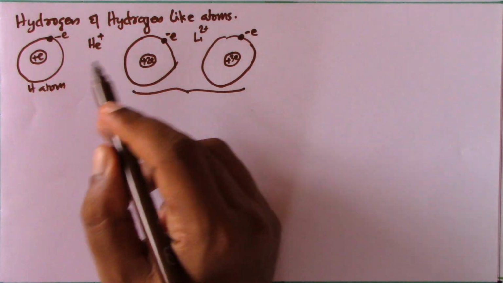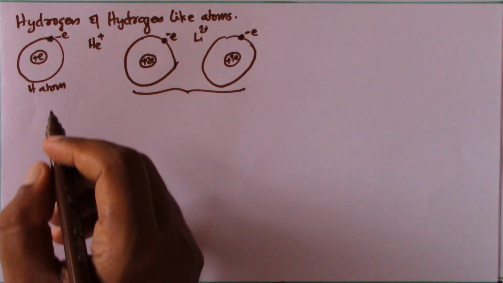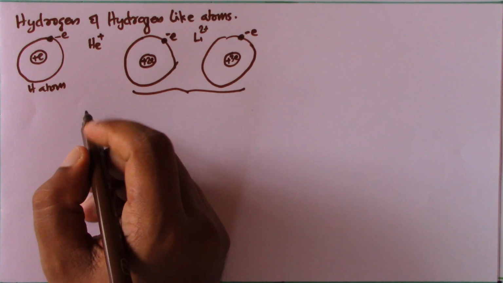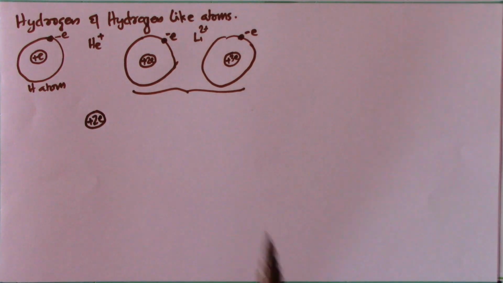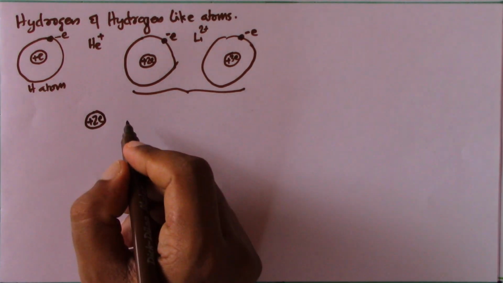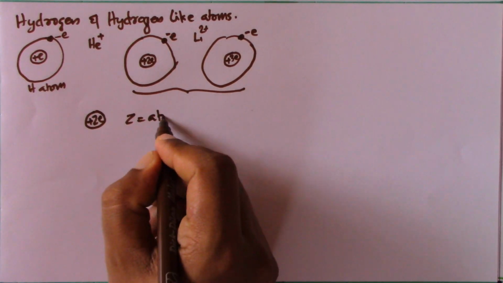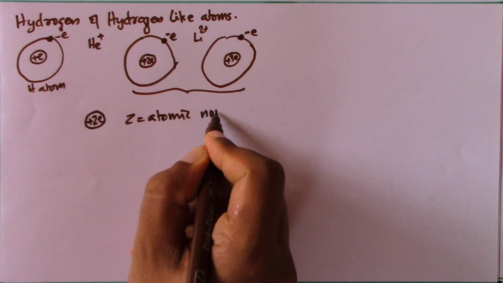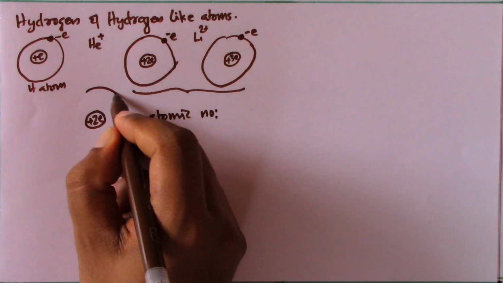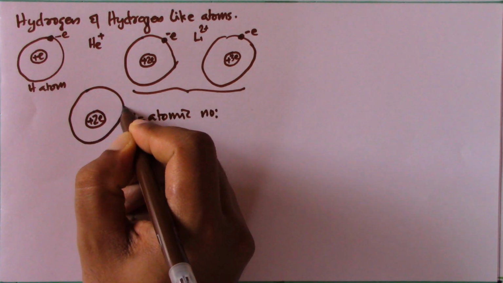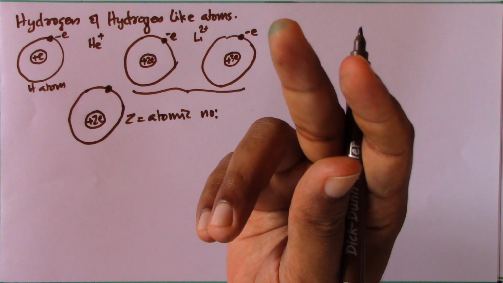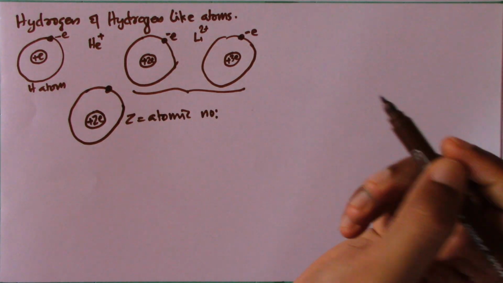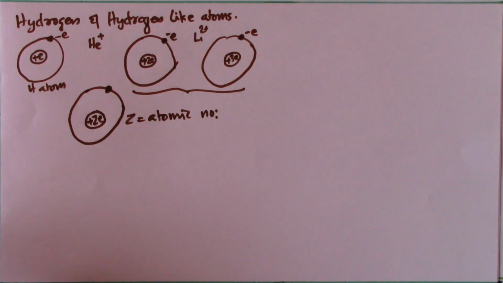So in general, a hydrogen-like atom is an atom which has a charge of plus Ze, where Z is the atomic number, and around that there is 1 electron. Around that there are not Z electrons, but there is only 1 electron. So any system of this kind is called a hydrogen-like atom.